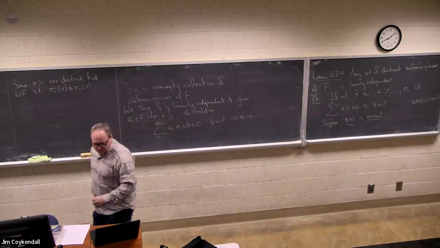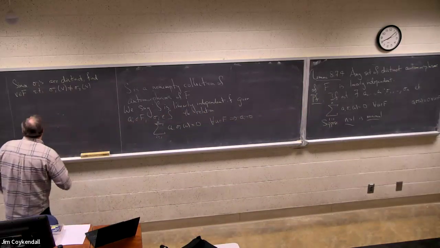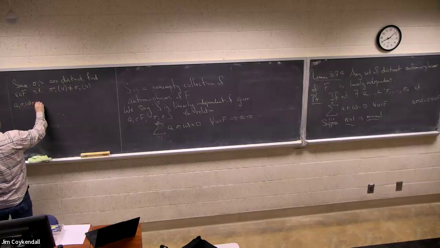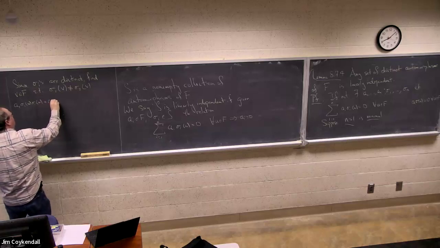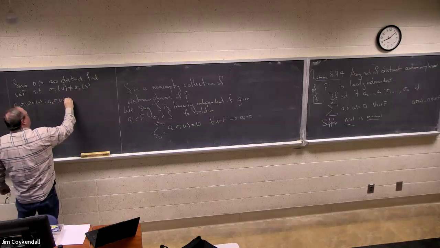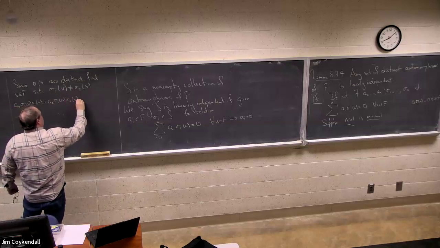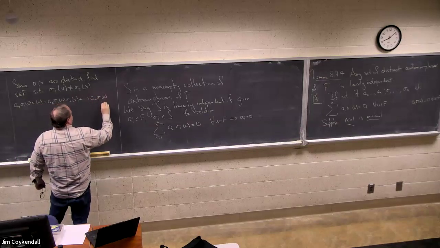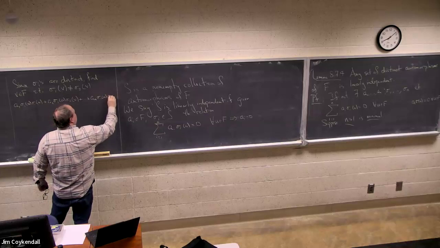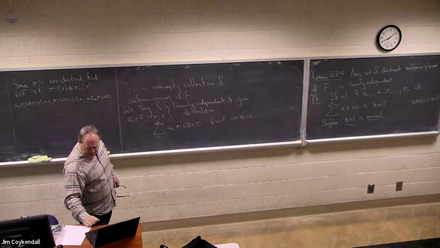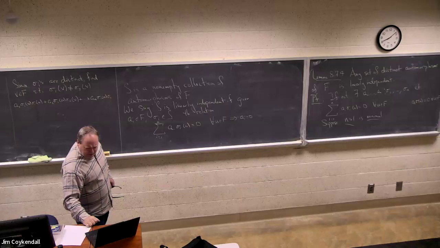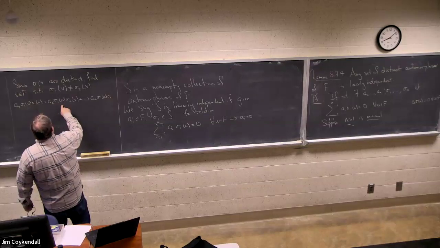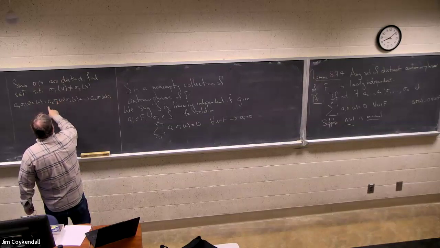What we have is A1 sigma 1(u) sigma 1(v) plus A2 sigma 1(u) sigma 2(v) plus ... plus An sigma 1(u) sigma n(v).